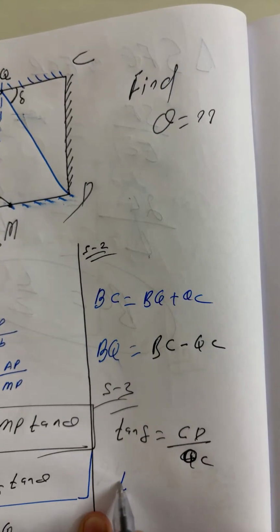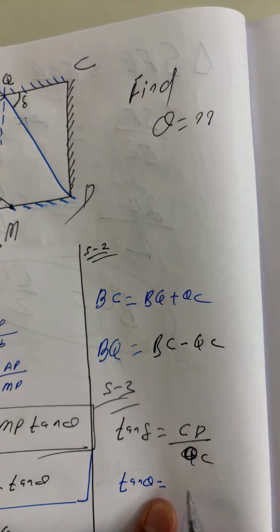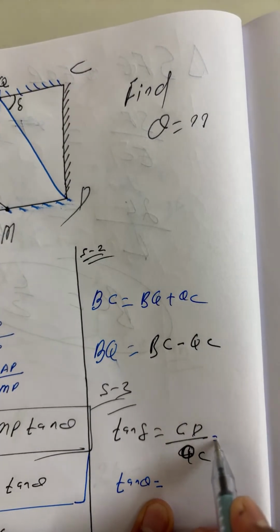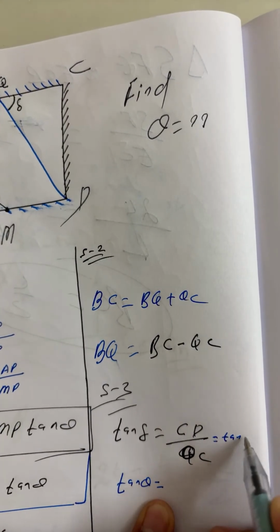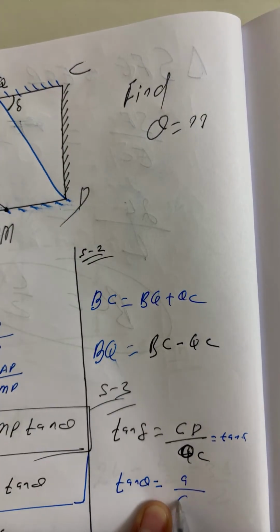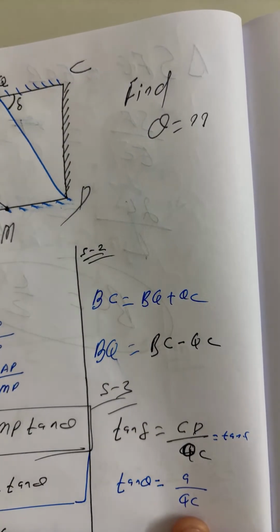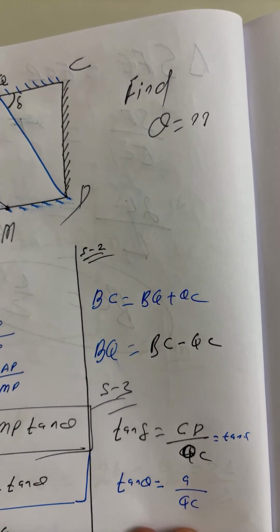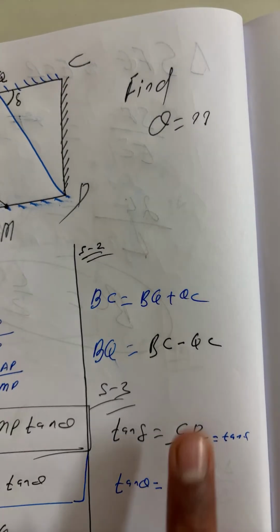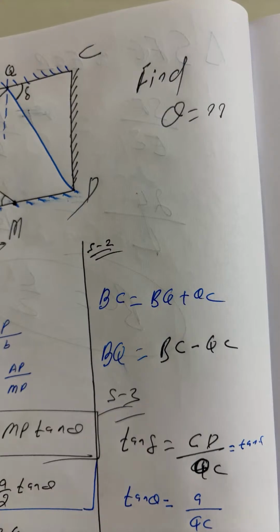This is A upon QC. Anyhow we have to find QC, and for QC we can say BC minus BQ.